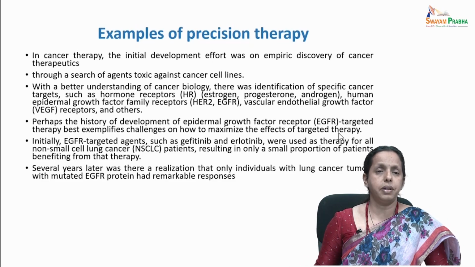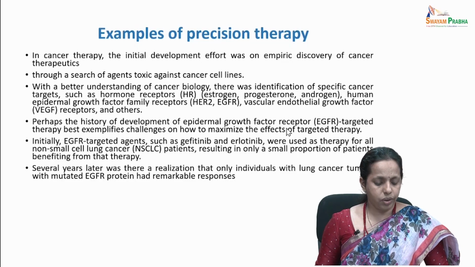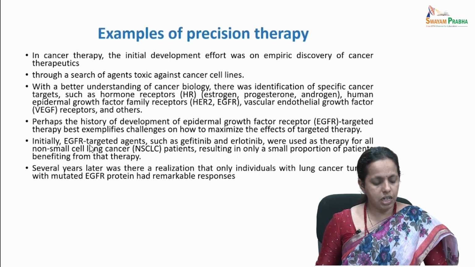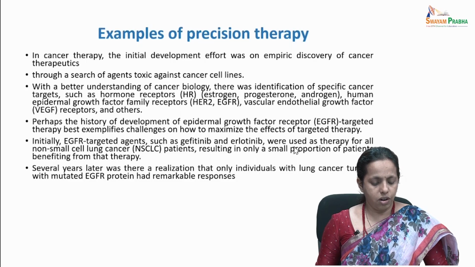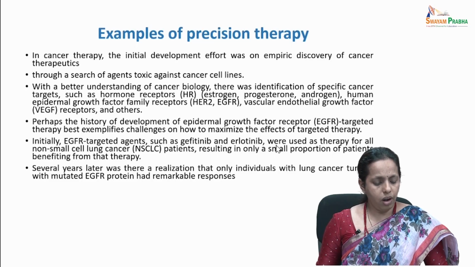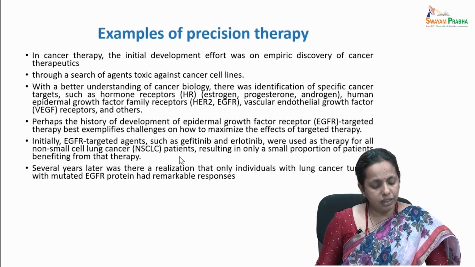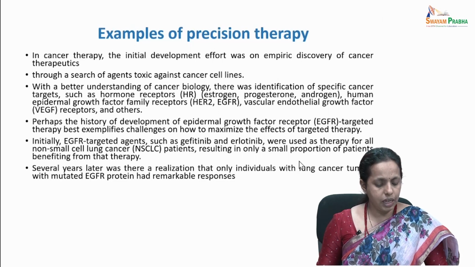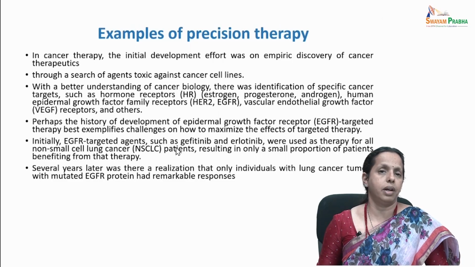EGFR targeted therapy is the best example of how targeted therapy can be maximized. Initially, EGFR targeted agents, such as gefitinib and erlotinib, were used for all non-squamous lung cancer patients, but they found only a few of them were benefiting. A small portion benefited from the treatment. Why?